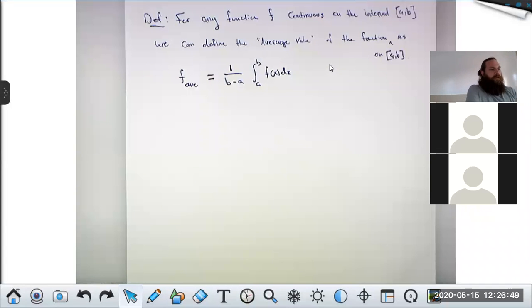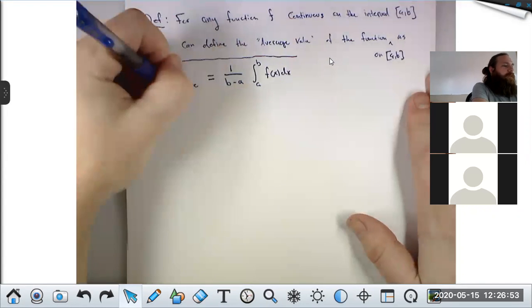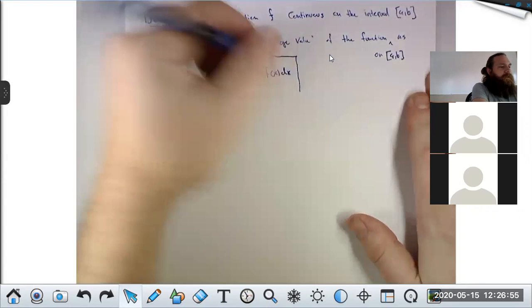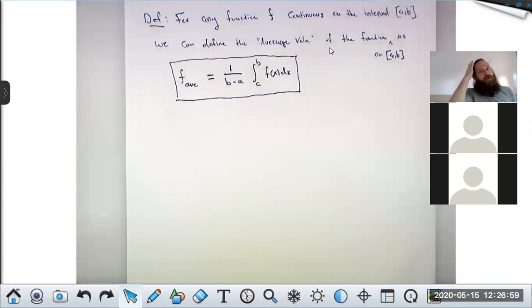But in general, this is the idea. So this is your definition that you're going to need for those homework problems. And if you go on to take any advanced statistics, this is how you find the average of an infinite set that is coming from a continuous function. I want to talk about one other thing.